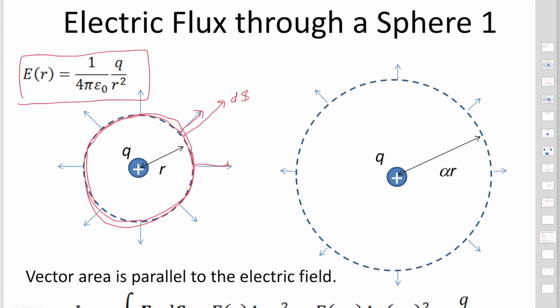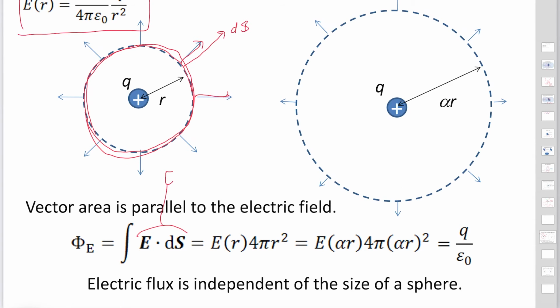So if you consider the scalar product E dot ds, it is E ds cosine 0. Cosine 0 is 1, so this becomes exactly E ds. E is constant at every point on the surface, so you can multiply by the surface area of the sphere, 4 pi r squared. Then you can substitute these quantities here. It becomes Q over epsilon naught.